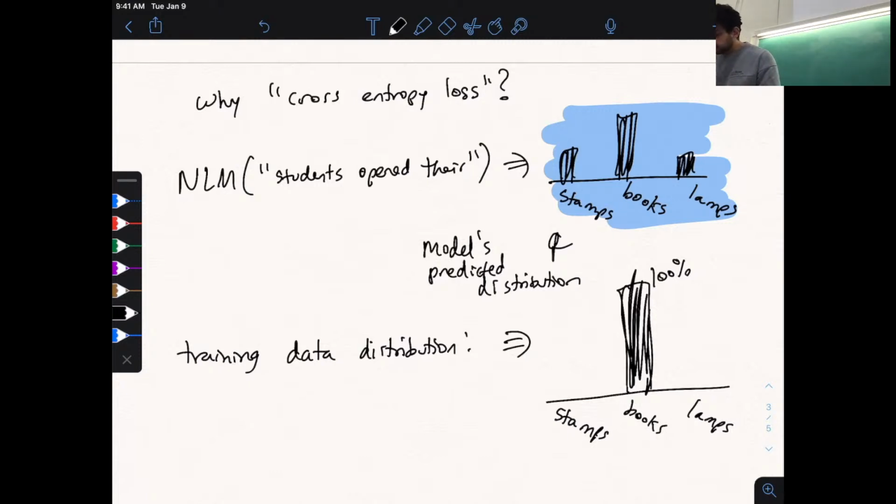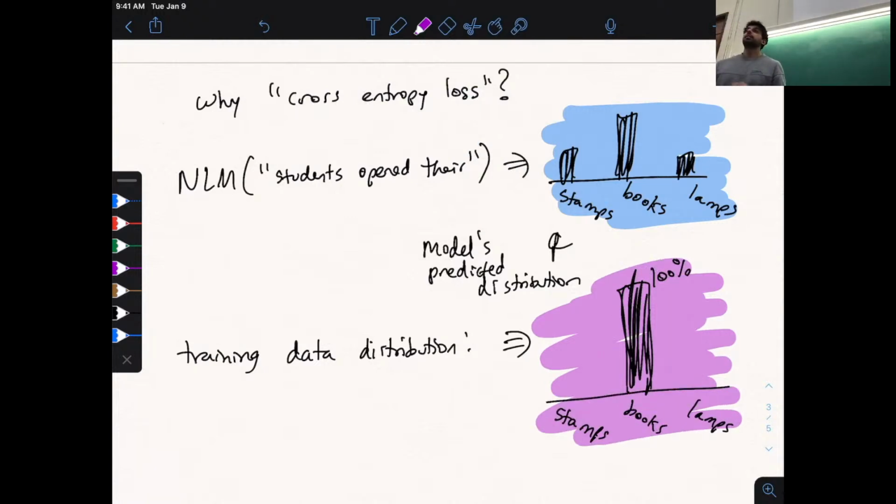So what our loss function is doing, maybe I'll color this differently, is it is trying to make the model's predicted distribution, this Q over here, as similar to this training data distribution as possible. And you can see intuitively that the training data distribution only puts probability on one word, which is the correct next word, right? So this is what the model is actually trying to optimize.